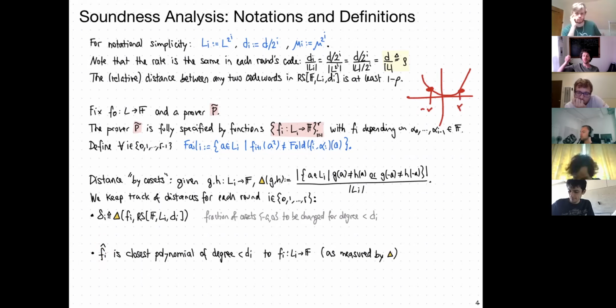So for example, if you give me some function f which is close to a unique low degree polynomial, then by f hat I will refer to the correction of this noisy function into a low degree polynomial. So f could be a noisy version of f hat.